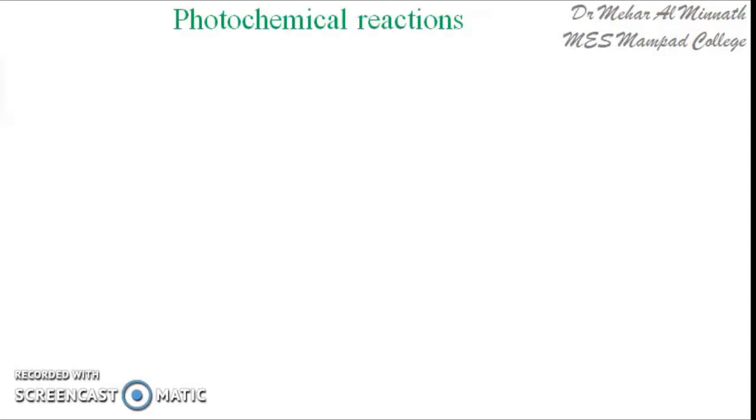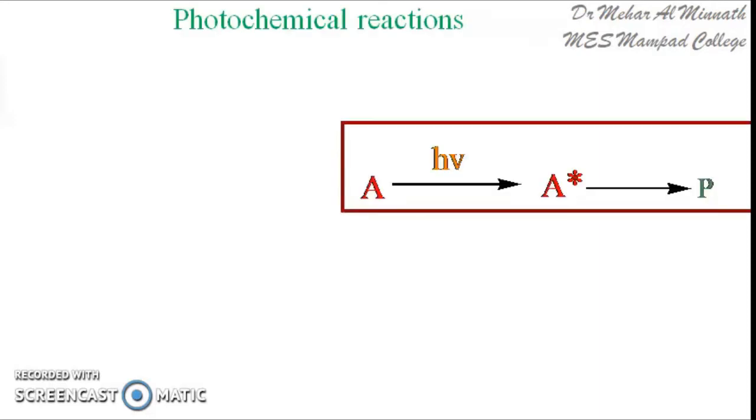Now we know that in a photochemical reaction, we can represent the reaction as a molecule absorbs light, goes to the excited state, and gets transformed to the product. So this reaction basically has two steps.